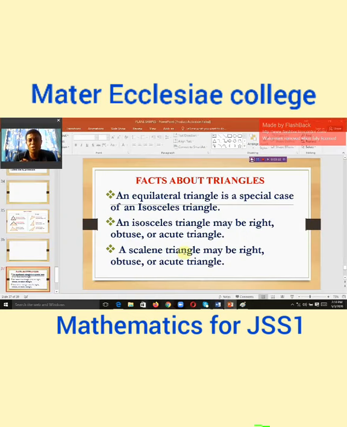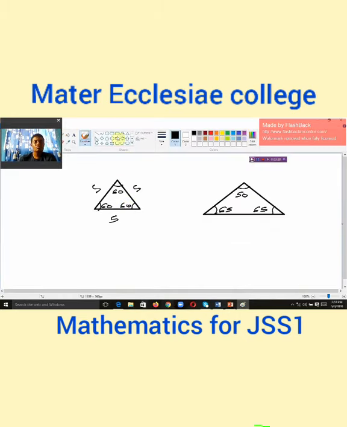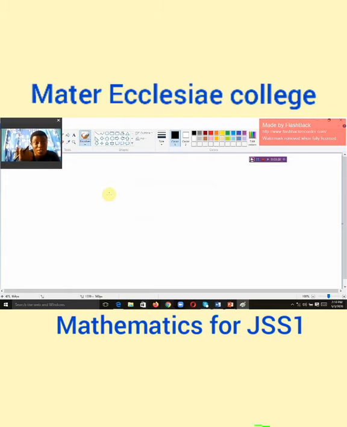An isosceles triangle may be a right angle, obtuse, or acute triangle. Let me explain using the board. In a nutshell, an isosceles triangle may be a right angle triangle. It may also be acute. It may also be obtuse.